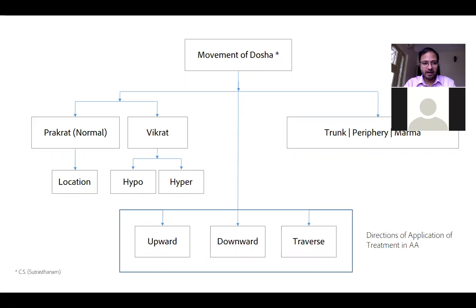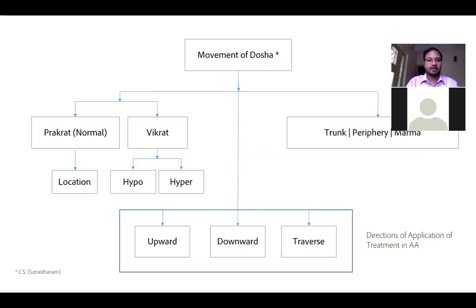So these two situations are there, which we call Vikrita. So these are to be balanced, and this is how we balance the hypo and hyper condition in Ayurvedic acupressure, through a method called sedation and tonification. So we sedate and tonify different elements based upon our evaluation of the problem.